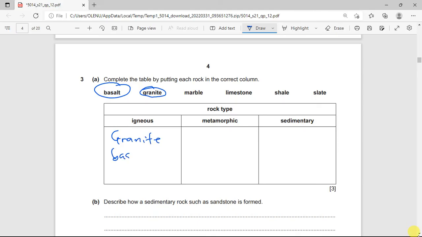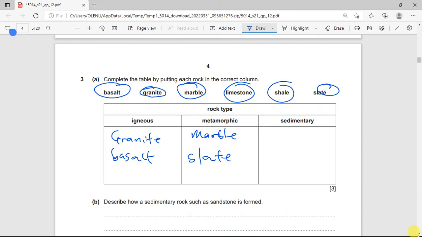Marble and slate are metamorphic rocks. Then limestone and shale are sedimentary rocks.